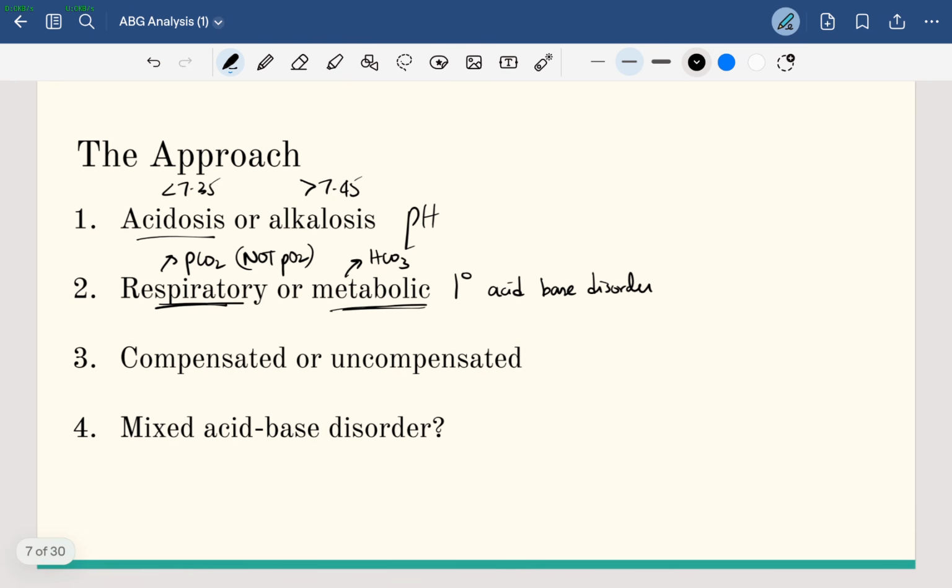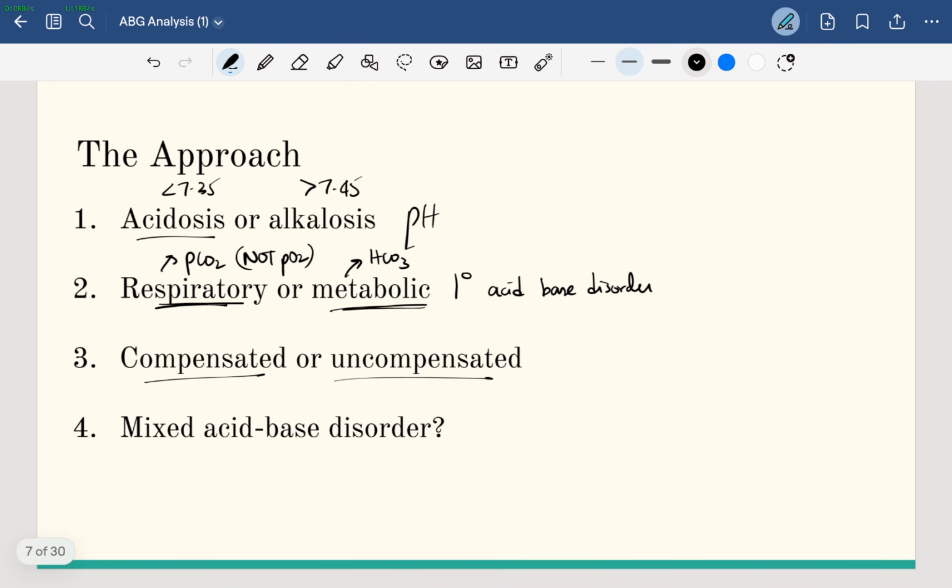And this is basically all you have to remember when you're answering the question, whether it's a metabolic disorder or a respiratory disorder. After you determine which is the primary disorder, you also need to determine whether it's a compensated or an uncompensated disorder. So when there's a respiratory problem, there's going to be compensation from the metabolic aspect.